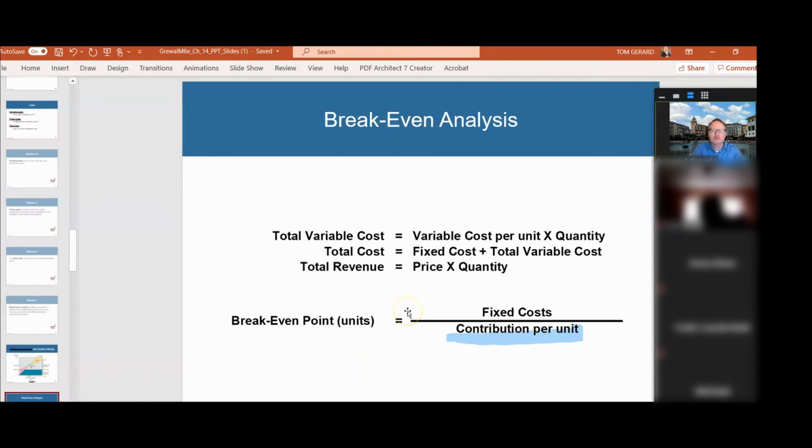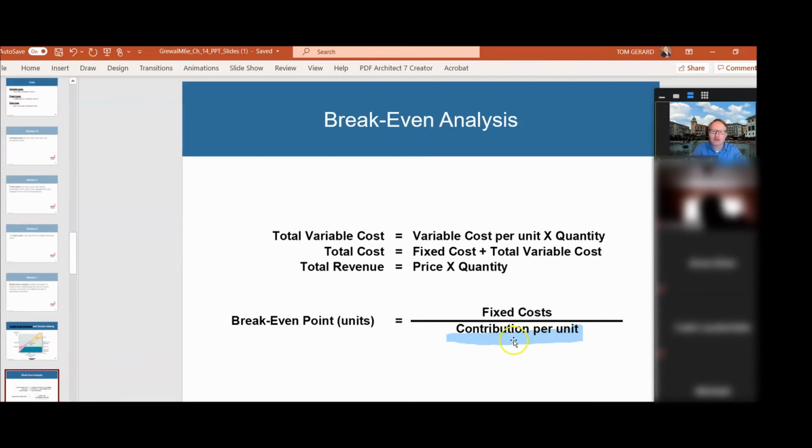Well, the contribution margin is your revenue minus your variable costs, right? And I'd love to teach you that, but that would take me a whole night to teach you this concept here. It's a great concept. It's the concept that the people on, and they call this cost volume profit analysis in accounting.